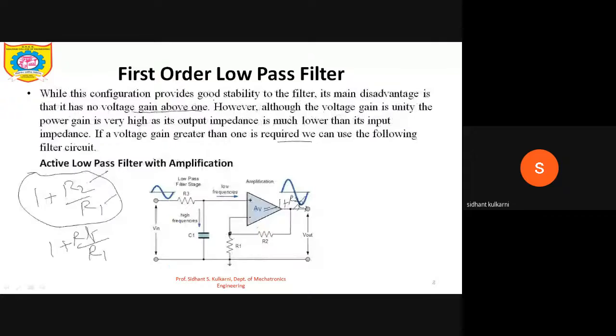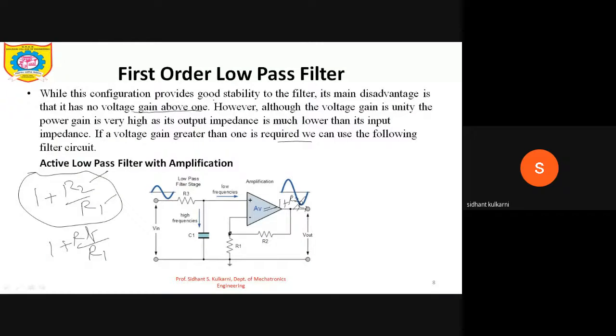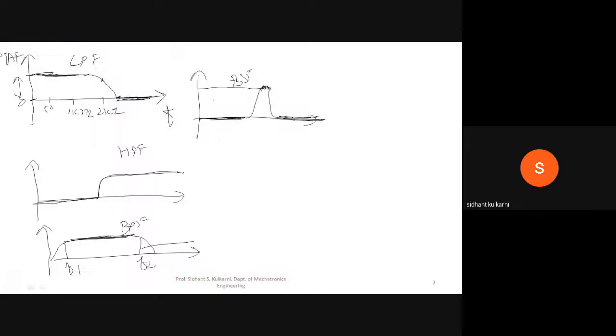Okay. So we will solve one numerical based on this. Let's draw this circuit and solve it on this blank sheet. One simple numerical. Let's say this is an op amp. R is 1 kilo ohm. The capacitor is 0.1 microfarad.